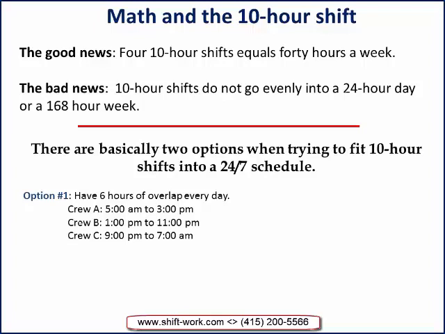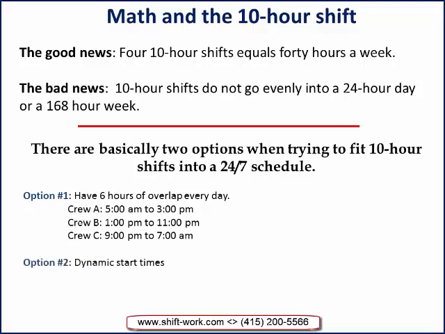And let's suppose that you were a police department, a highway patrol department, and you wanted to maximize the number of people that were on the street at certain times of the day. Well, you could have your overlap occur from, say, 6 a.m. till 9 a.m., and then another one occur from 3 p.m. until 6 p.m., something like this, so that you have overlaps in such a way that there's more officers on the road at certain times. So there are times where overlap works.